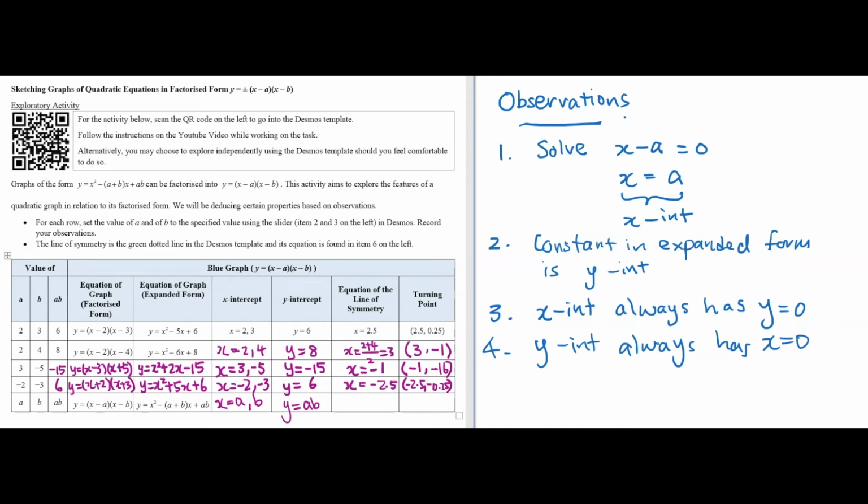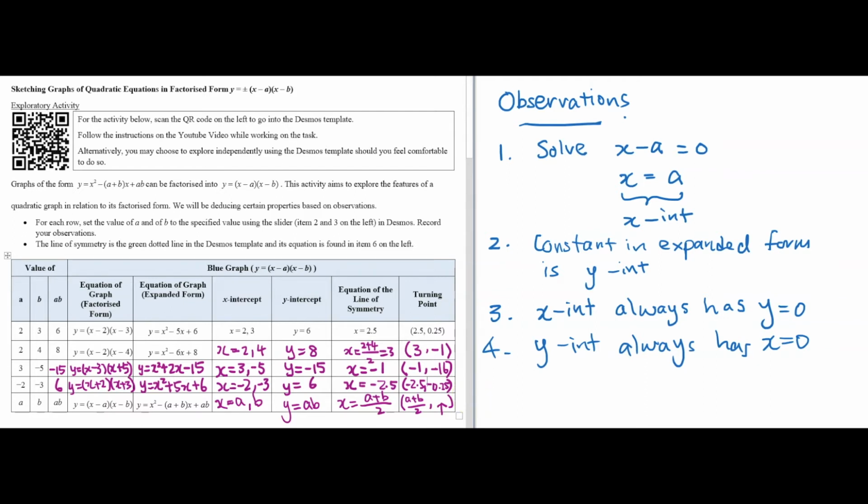We take the mid value or halfway between these two values, we get x equals to a plus b over 2. Then lastly, this a plus b over 2 becomes the x coordinate of our turning point, and then we will substitute that x coordinate into the equation and we get the y coordinate.